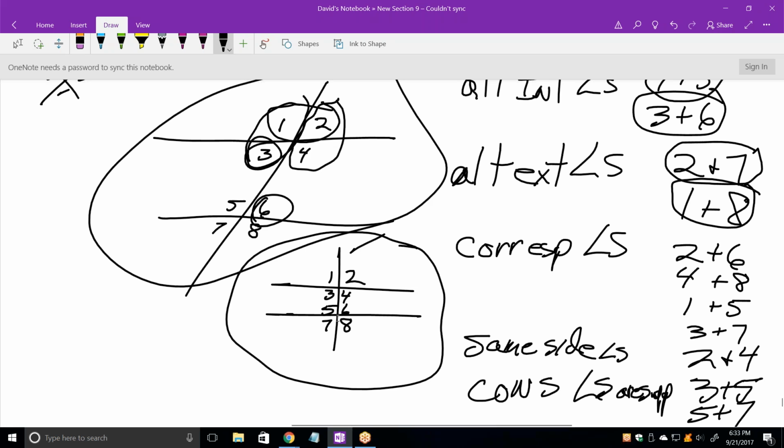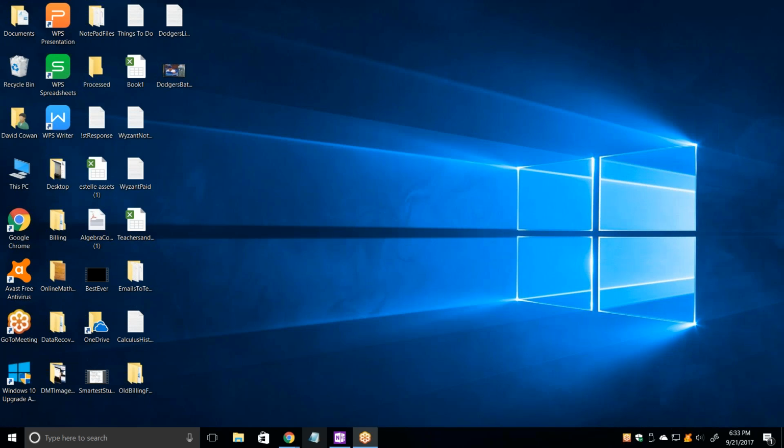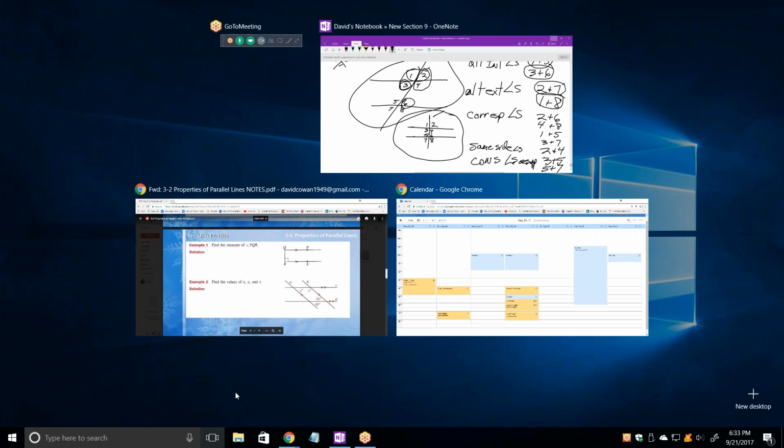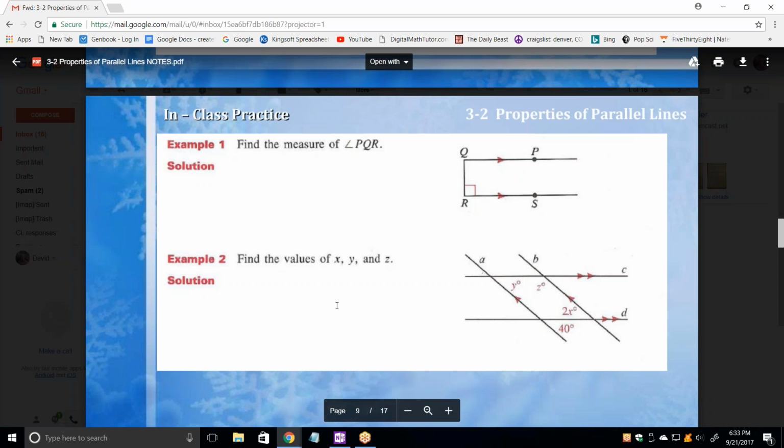So we don't even have to prove that theorem because it's just a bunch of linear pairs. So that's why PQR has to be 90 degrees also. Not because it's equal to angle R, but because they're consecutive angles and they're also same side, which means they have to be supplementary.